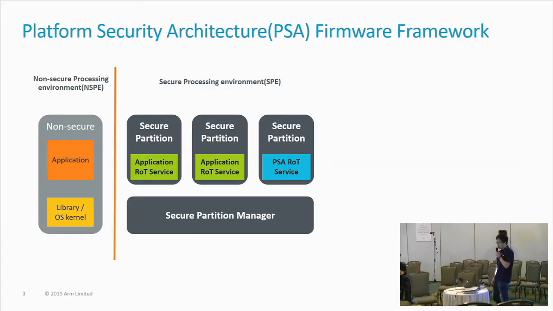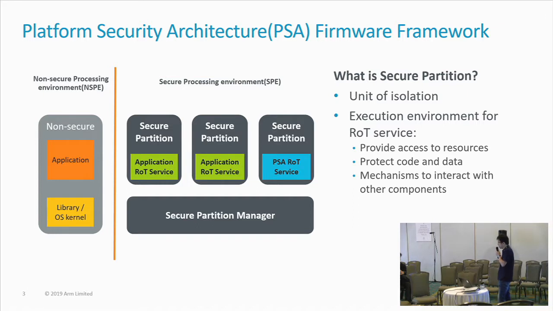We can see the execution of the system is divided into two domains: the non-secure processing environment and the secure processing environment. The non-secure processing environment, whose short name is NSPE, mainly consists of applications, libraries, or the OS kernel. The secure processing environment, whose short name is SPE, mainly consists of secure partitions and the secure partition manager.